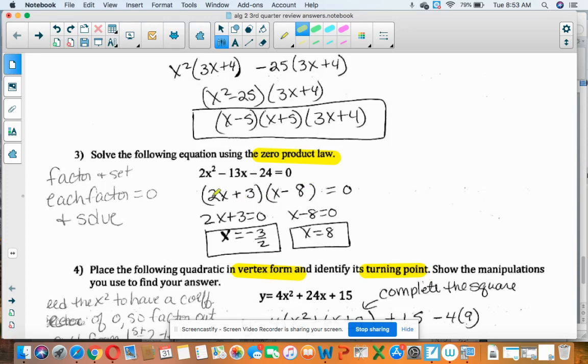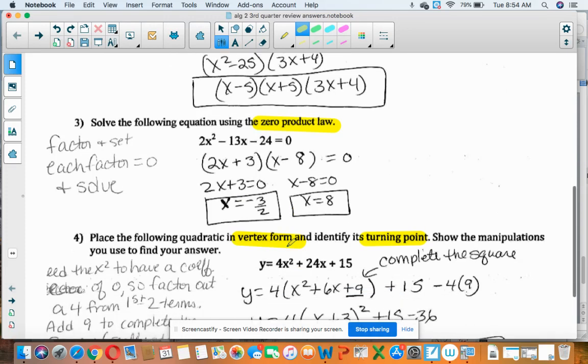Negative 8 times 2 is negative 16x, and 3 times x is positive 3x. So those together will give me a negative 13x. So I'm playing around and just testing out where those numbers can be. And then I set each factor equal to 0. So 2x plus 3 equals 0, x minus 8 equals 0. And I solve, and my answers are x equals 8 and x equals negative 3 halves.